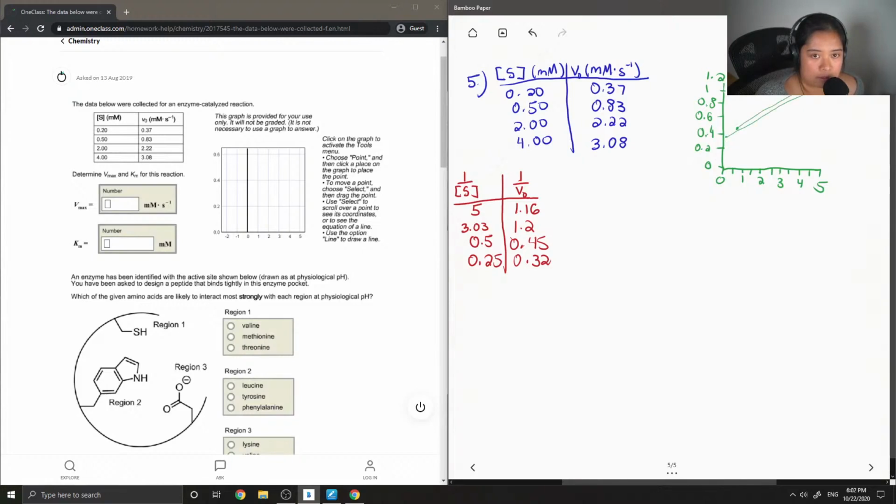You should see a straight line if you were to do this properly. And what we're most interested in is the equation of this line. If you were to use Excel or Sigma plot, you get an equation of this line, which is y equals 0.17x plus 0.3.